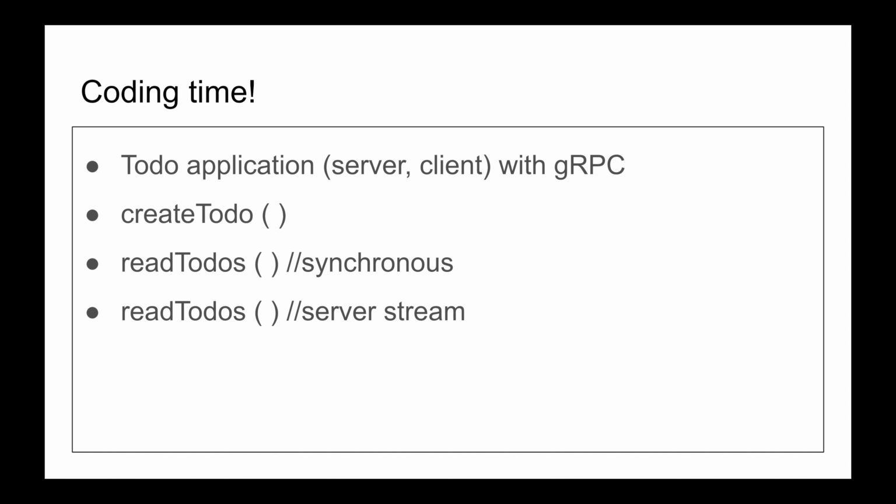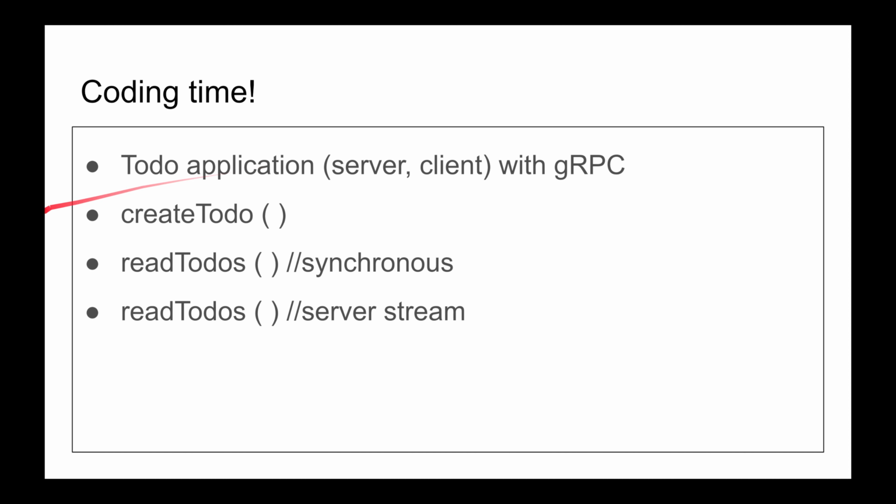That might be just me, but I was confused when I saw that. It's like message and server hello. It was way too simple, so it actually confused me. It was that bad. So we're going to do an application, a server and a client, using gRPC to communicate between the two.